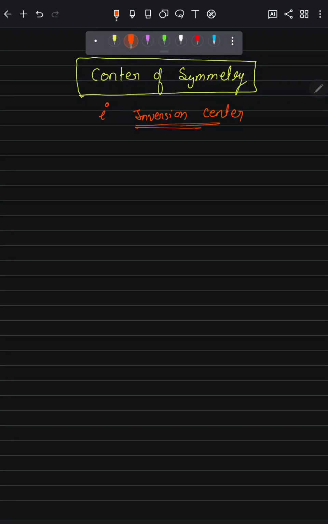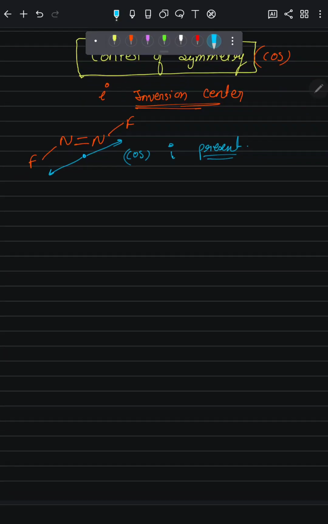To identify whether a molecule has a center of symmetry, or COS for short, let's take the example of N2F2. It is a trans molecule. As we can see, if we go from the middle to here and from the middle to here, the center of symmetry i is present. It's called the inversion center.